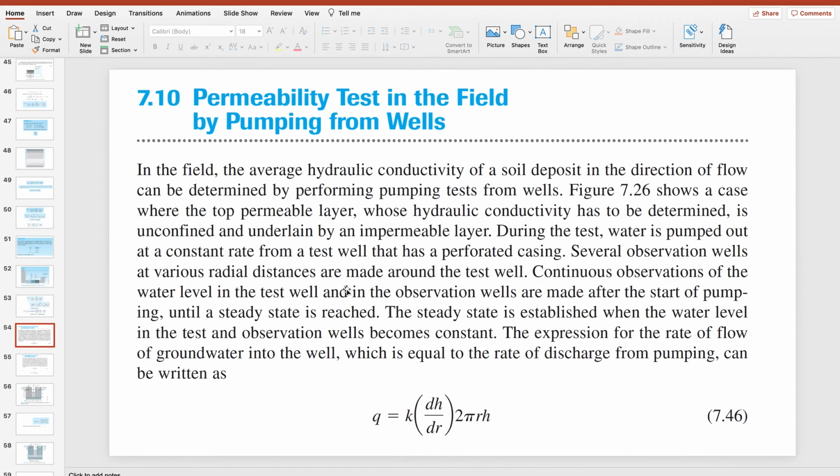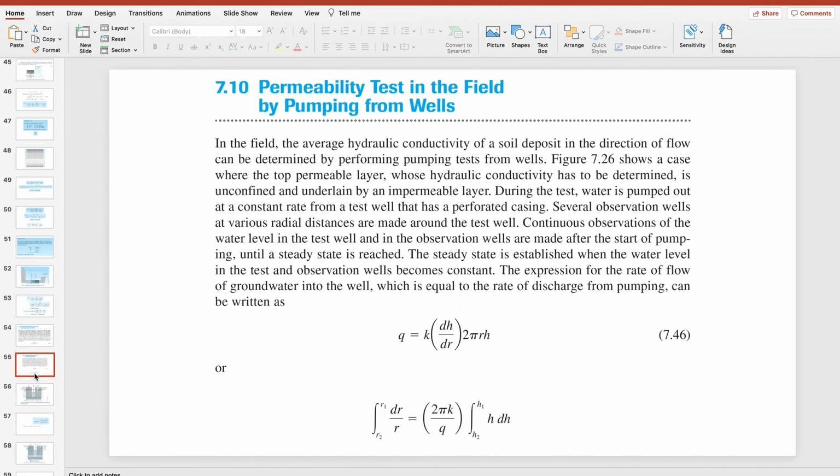Okay, the expression for the rate of flow of groundwater into the well, which is equal to the rate of discharge from pumping, can be written as Q is equivalent to K times the change in H with respect to the change in the radius times 2 pi r H. Next, for in the field, an average hydraulic conductivity of soils deposit from direction of flow can be determined by performing test wells.